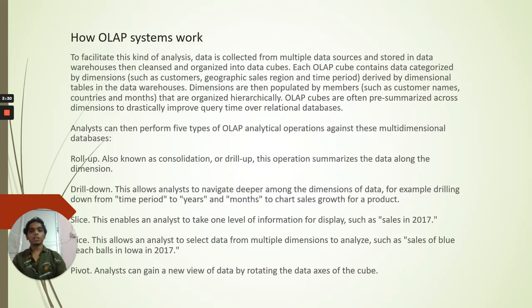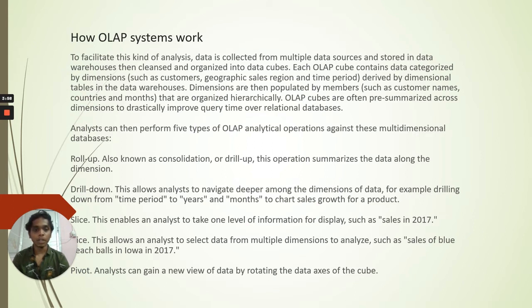So now let's understand how this OLAP system works. To facilitate this kind of analysis, data is collected from multiple data sources and stored in data warehouses that are cleansed and organized into data cubes. Each OLAP cube contains data categorized by dimensions, such as customer, geographic region, sales reason, and time period, derived from dimensional tables in data warehouses.